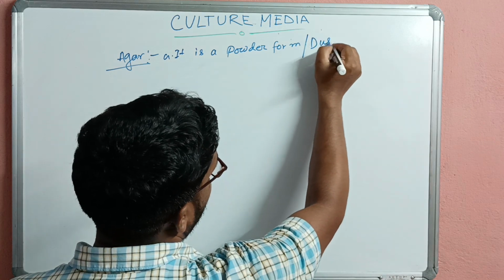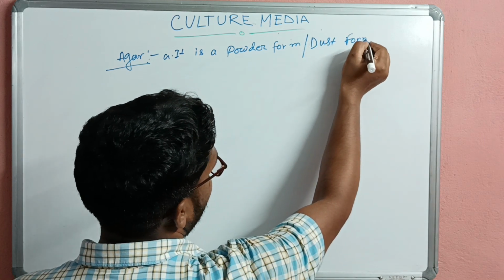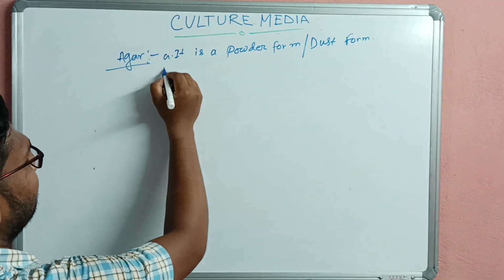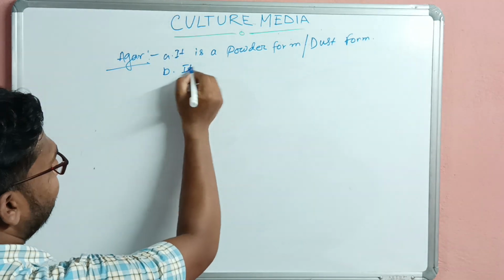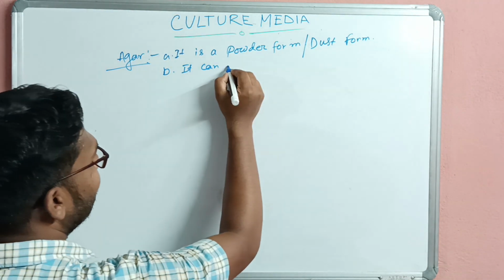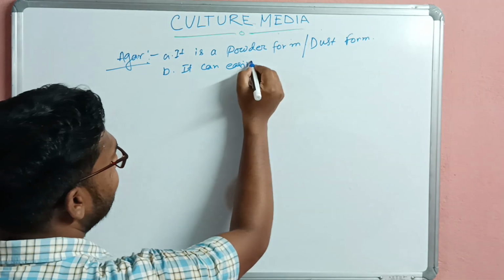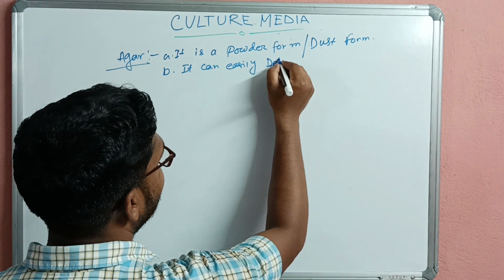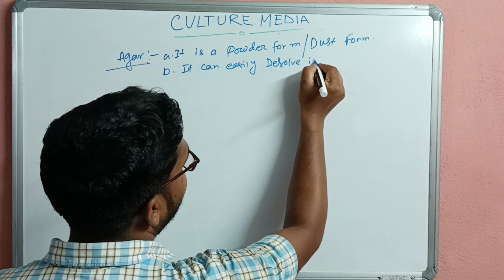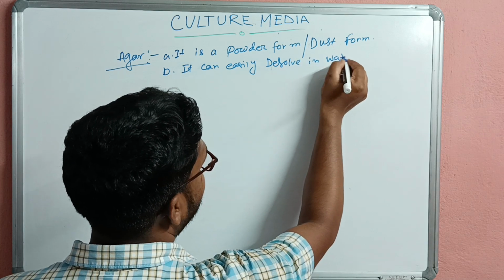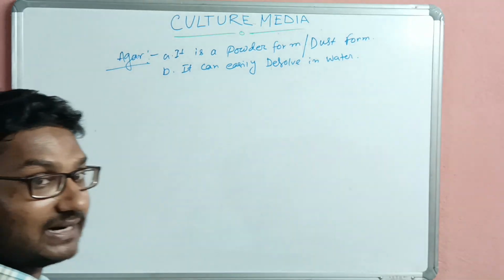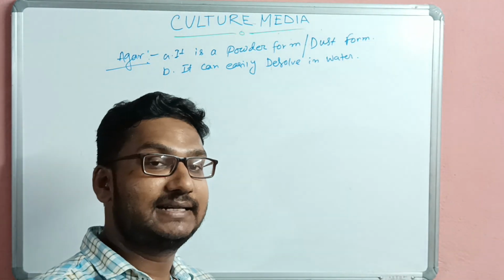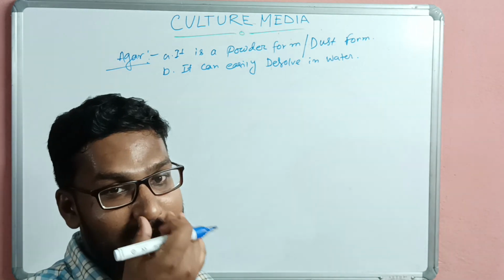Number B, it can easily dissolve in water. So what is agar? It is a dust form, and it easily dissolves with water.